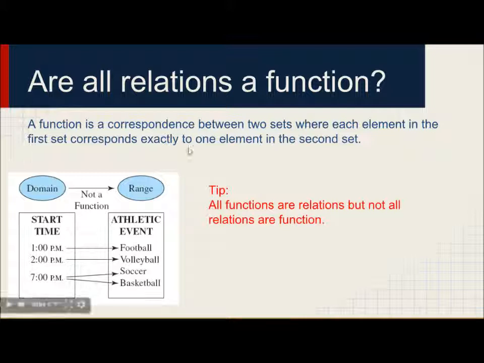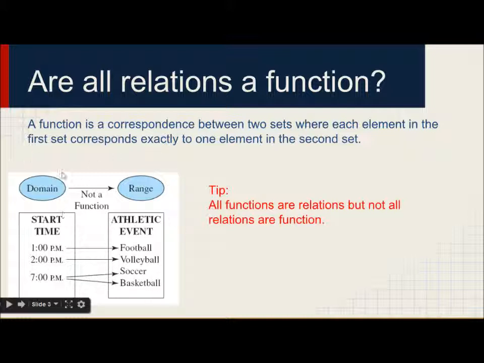So our function definition says that a function is a correspondence between two sets where each element in the first set corresponds to exactly one element in the second set. But in this example, this particular element corresponds to two.